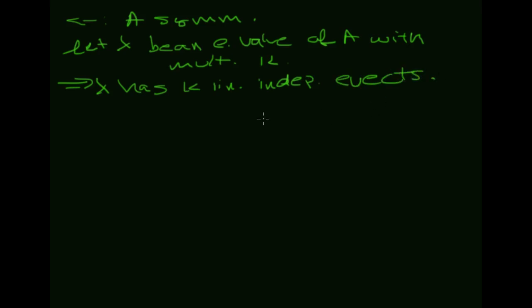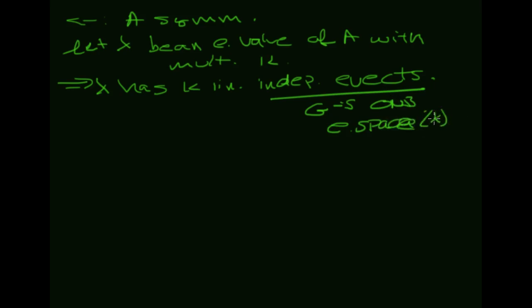Now, note, you can take this set of eigenvectors with Gram-Schmidt and make an orthonormal basis for the eigenspace of A with respect to lambda, right?